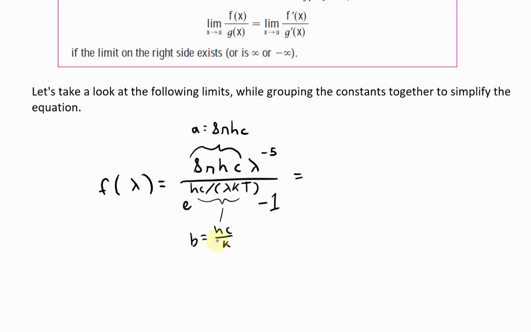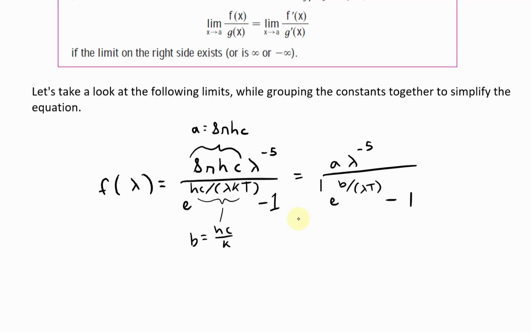So this equals a lambda to the power of negative 5 divided by e to the b divided by lambda t. I always get confused with lambda, k and t. I'll just put brackets around it, and put a minus 1 over there.